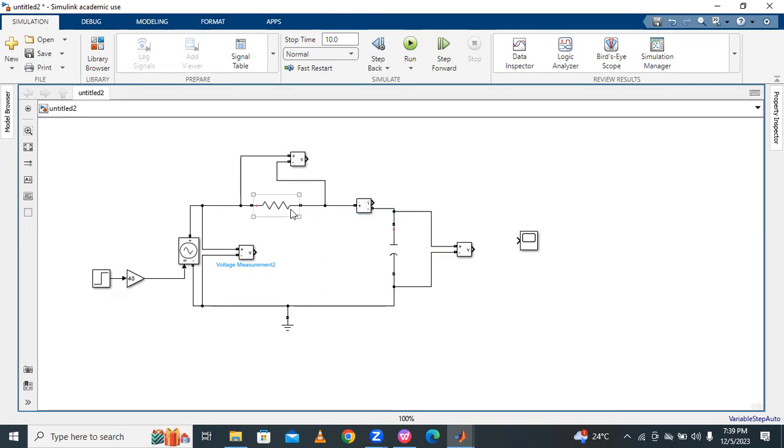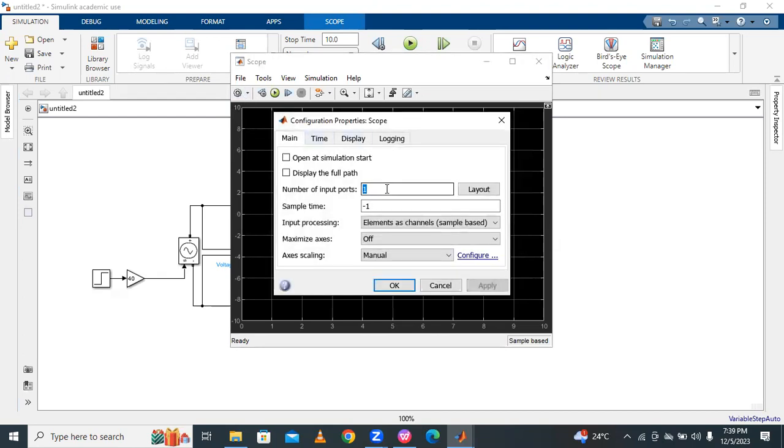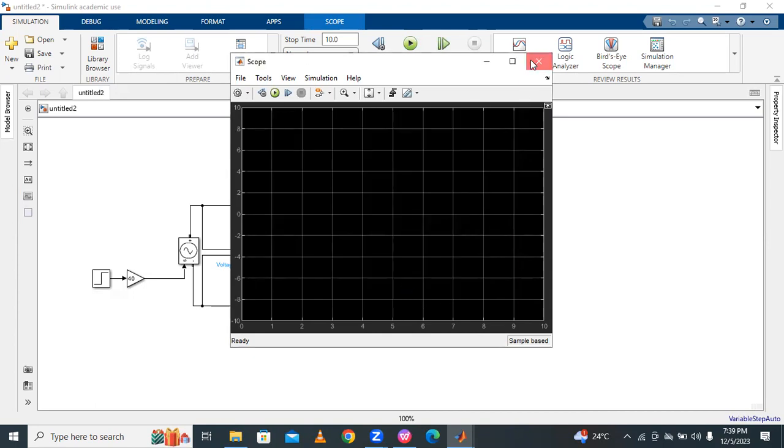First, the input voltage. So 3 ports are required in the scope. Open the scope, and the number of input ports is equal to 3. Apply, then OK, close.